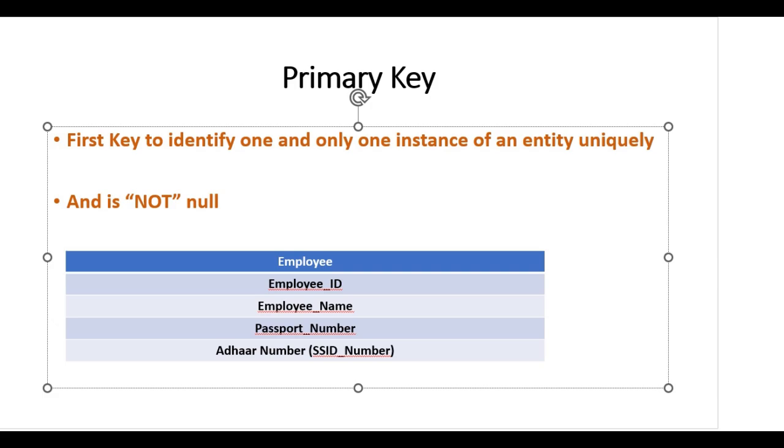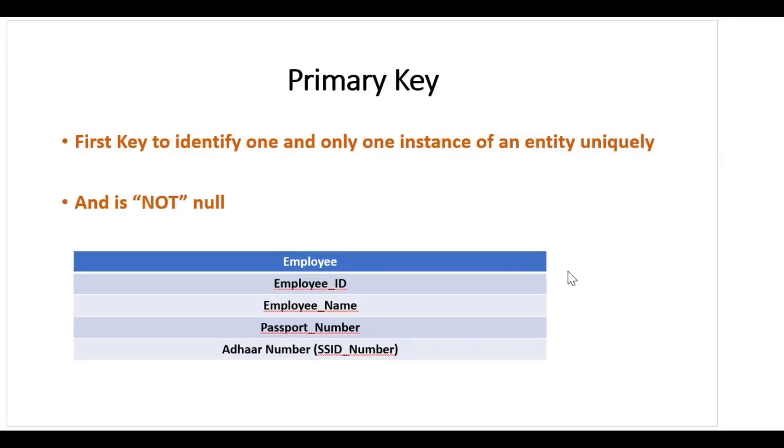So the only thing that is uniquely identifying and is not null in this particular case is the employee ID. So employee ID will become the primary key and will help us to uniquely identify the employee, right? Move to the next topic, which is the candidate key.